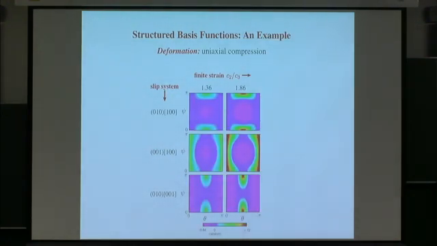So here's an example. I'm using uniaxial compression again because the uniaxial compression does not depend on the Eulerian angle phi. So you've only got two angles. And here you see the three slip systems. Remember, there's a structured basis function for each slip system. So here are the three dominant slip systems of olivine.